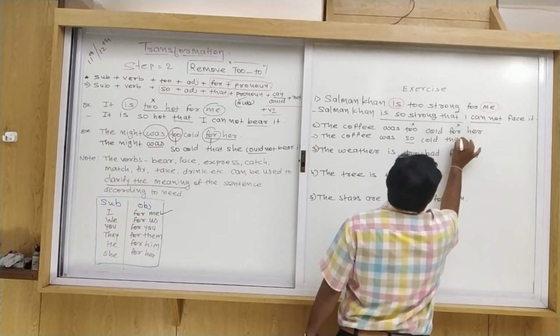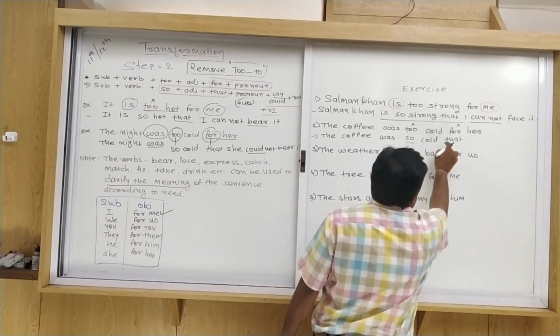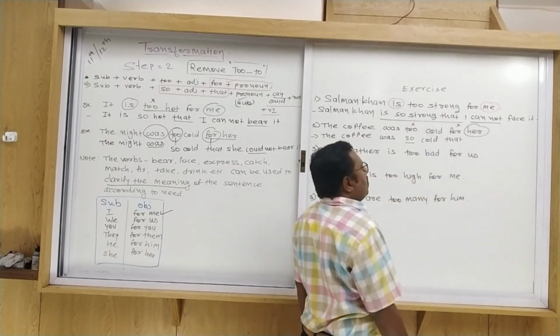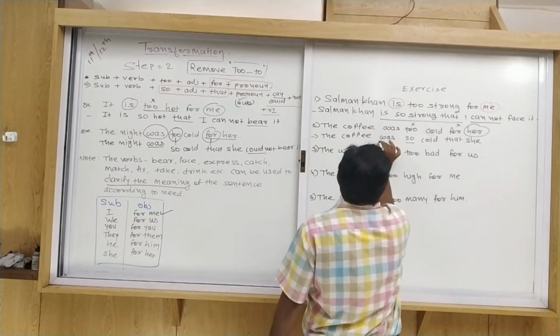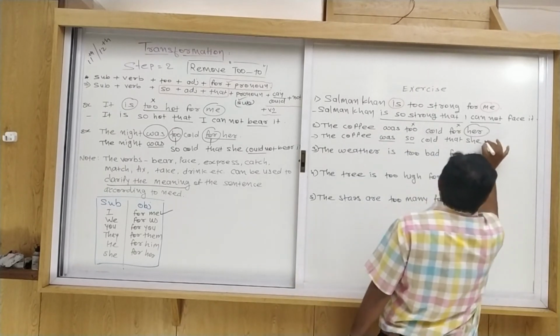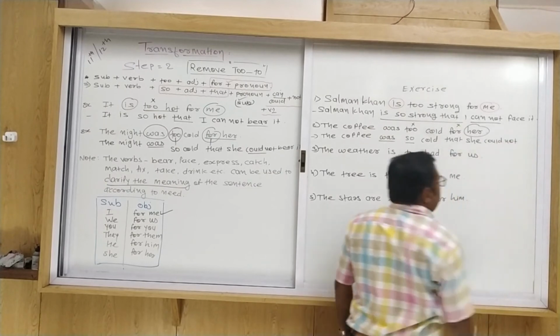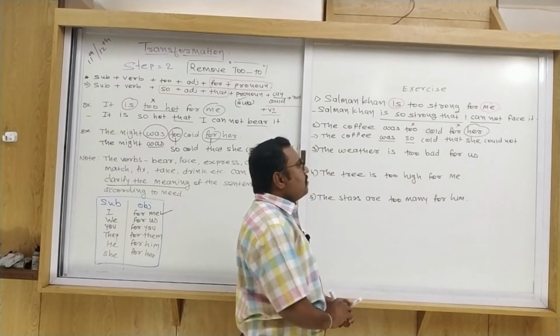So the coffee was so cold that, what is the subject of her? She. Past tense is used here. So, she could not. The coffee was so cold that she could not.